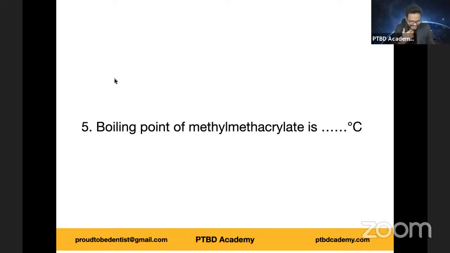Okay, very good. So boiling point of methylmethacrylate is, okay, I'm releasing the key. Here it is.